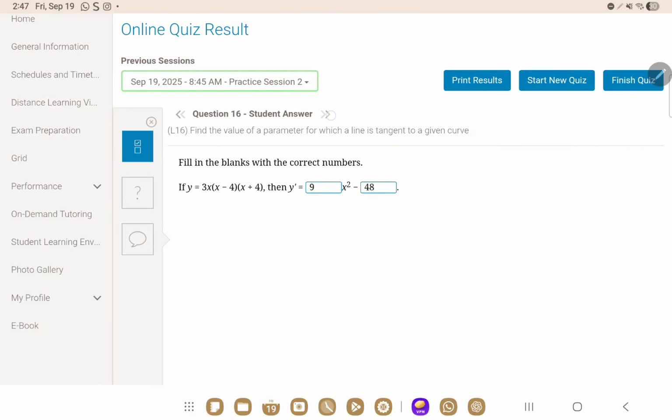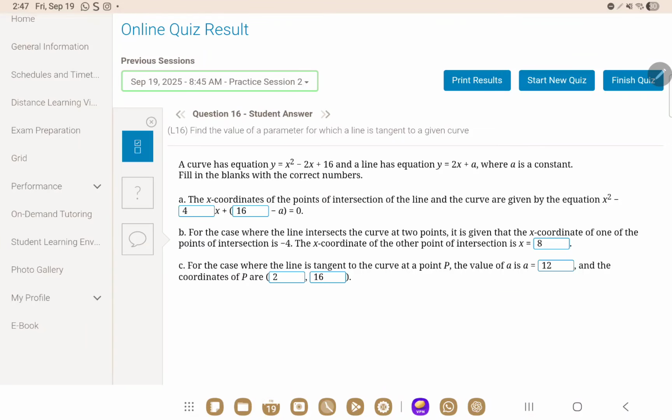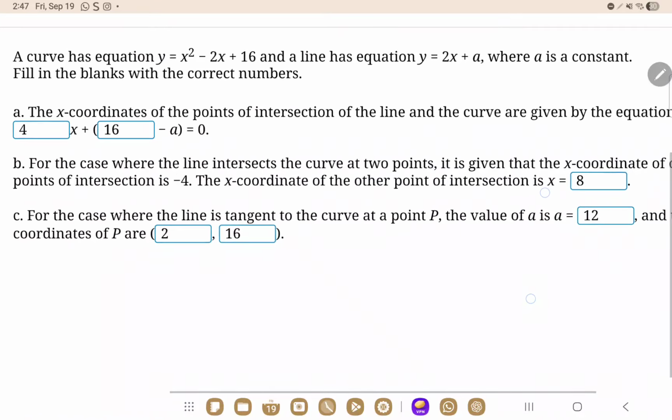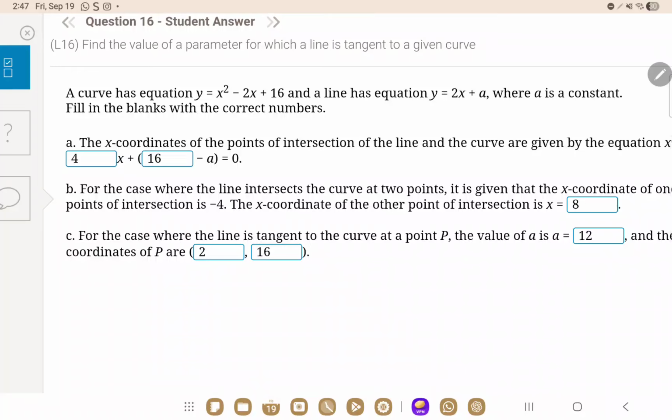Moving on. These questions are a bit of a breather from all those questions we did. Okay. Now we're back to solving annoying questions. Now, you have a curve with this equation and a line with this equation. A is a constant, so A is a number, it has no x value.